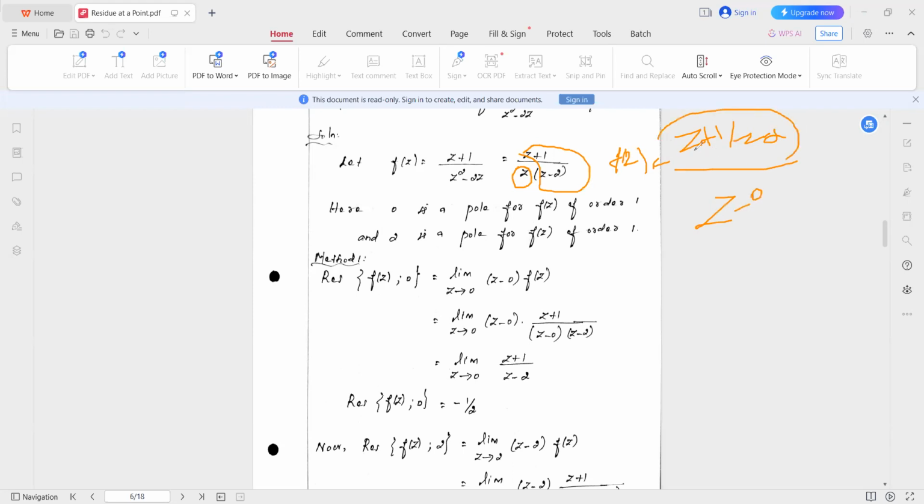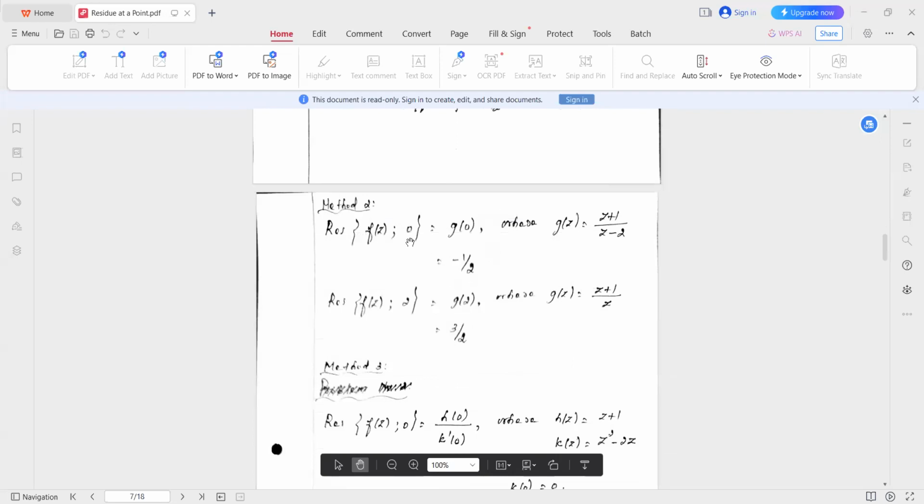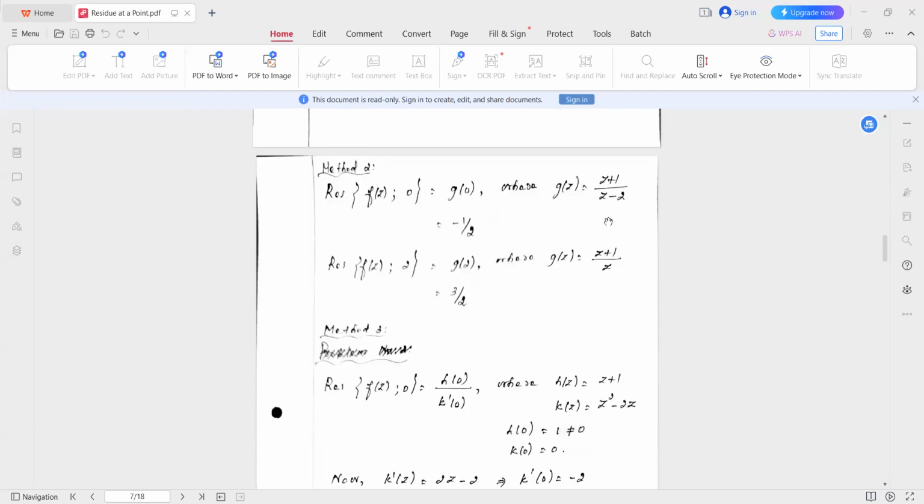This first term becomes g of z, where g of z is equal to (z plus 1) by (z minus 2). By the residue formula, the residue of f of z at the point 0 is g of 0. Substituting 0 in g of z, we get minus 1 by 2.